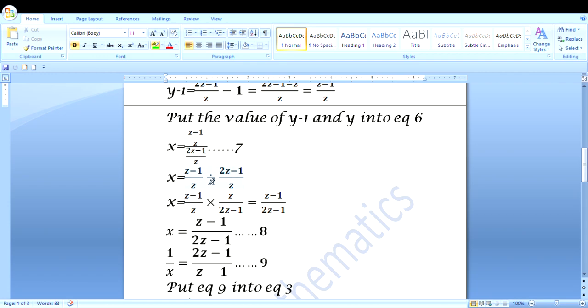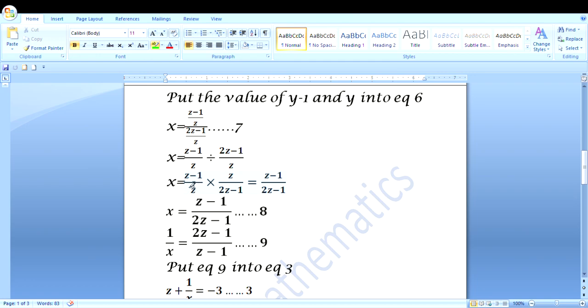If we simplify this, we have to invert the division. We change it to multiplication and invert this part of the expression, so this becomes z minus 1 over z times z over 2z minus 1. So the z cancels, and this becomes z minus 1 over 2z minus 1.